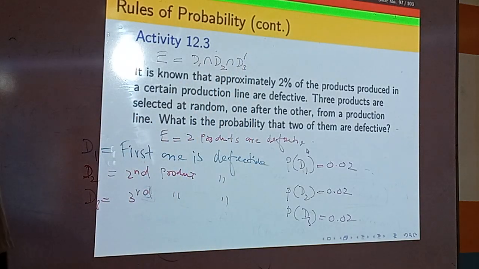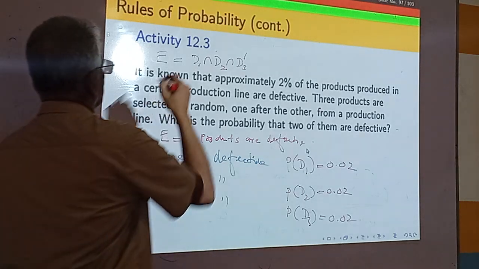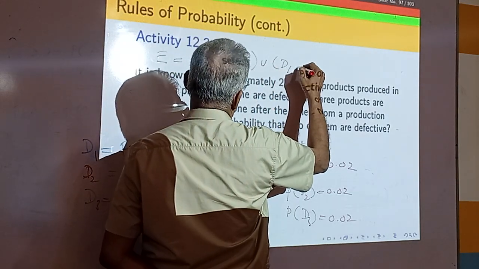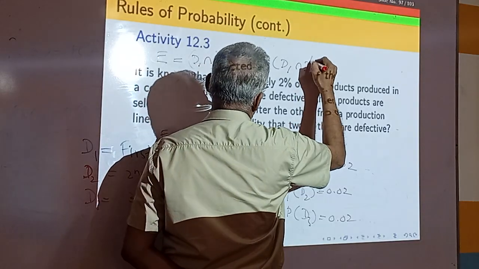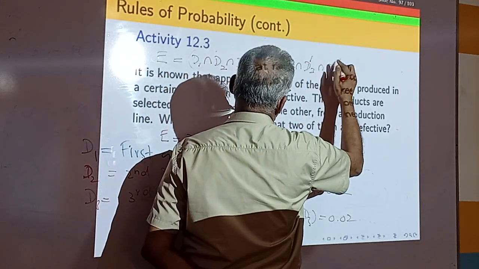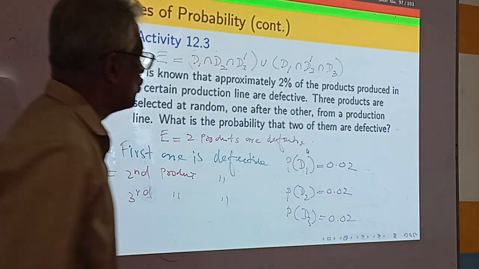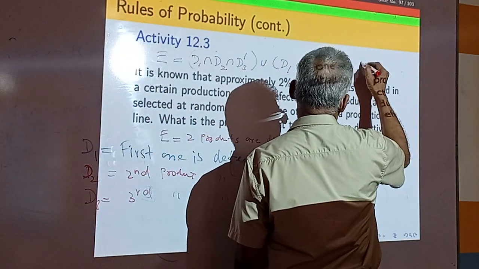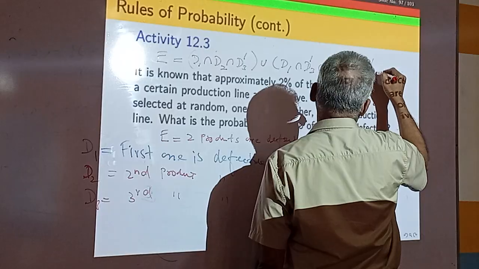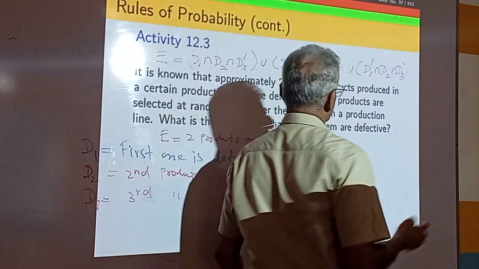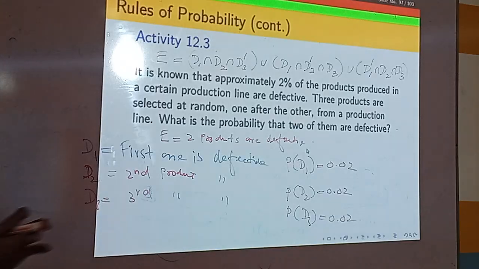That is one way: first one is defective and second one is defective and third one is non-defective. Or, first one is defective and the second one is non-defective and the third one is defective. Or, first one is non-defective and the second one is defective and the third one is defective. That is the only way, right?